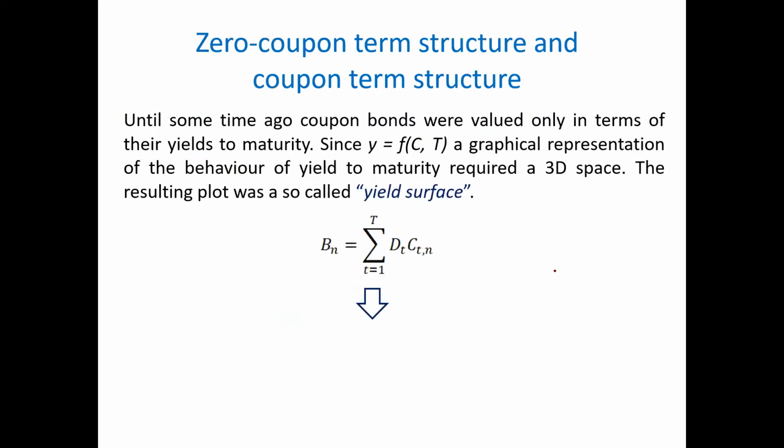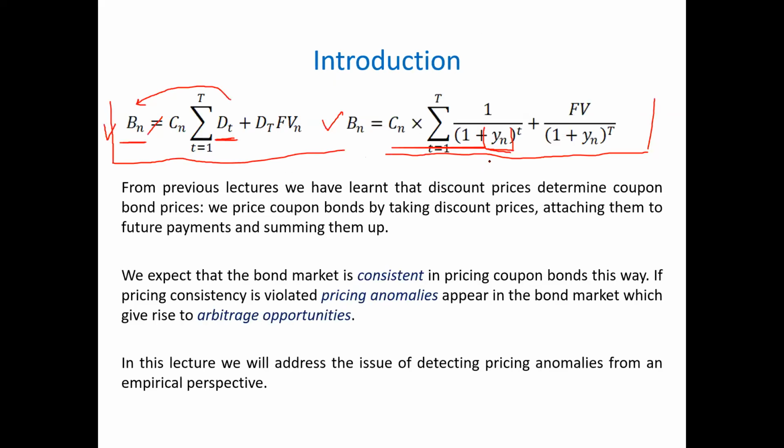But the yield to maturity is a function of two variables. Indeed, if you look at this formula, you see that if we change the size of the coupon and hold all other inputs unchanged, then yield to maturity will change as well.